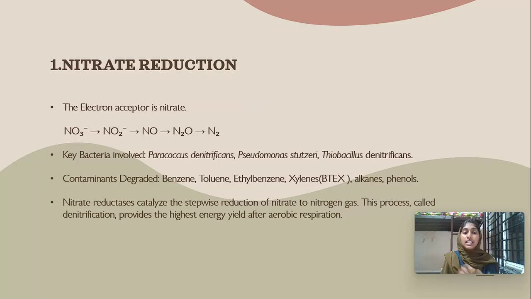These are some examples of the contaminants which can be degraded by the nitrate reduction process. Key bacteria involved are Paracoccus denitrificans, Pseudomonas stutzeri, Thiobacillus denitrificans. In nitrate reduction, the pollutants will be metabolically converted from complex substances into smaller substances, and the electrons from these compounds are given to the ETC. Further, these electrons will combine with the nitrate molecule to reduce it into atomic nitrogen.